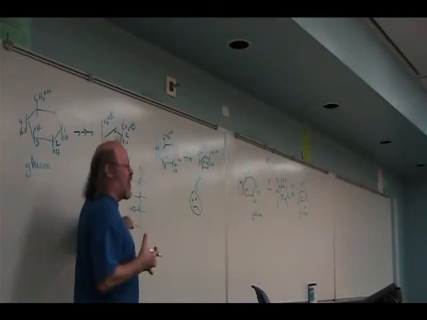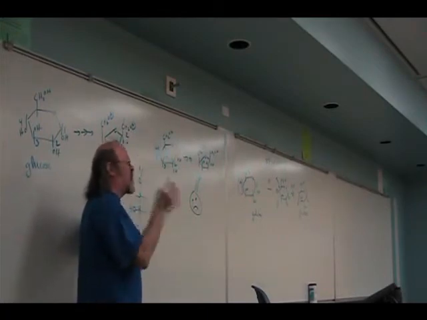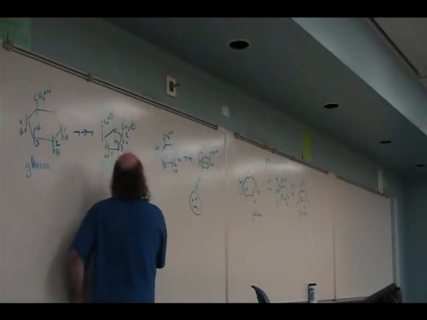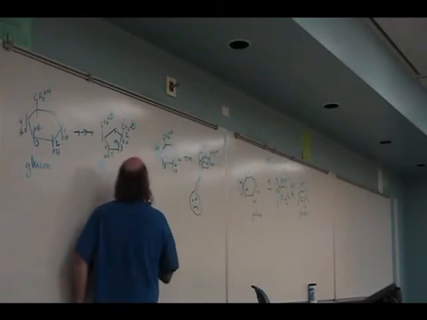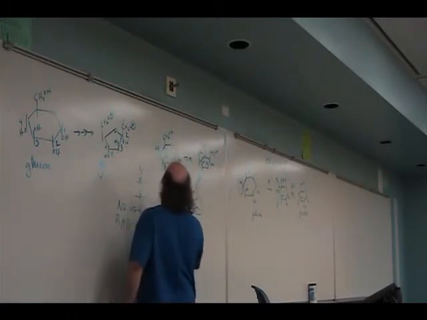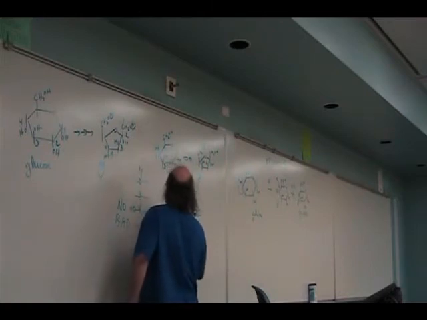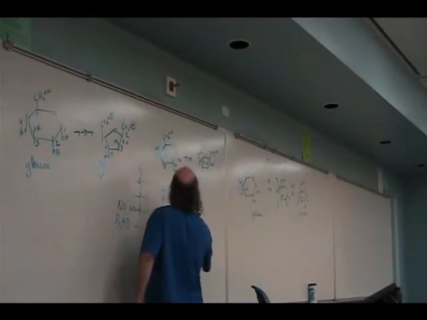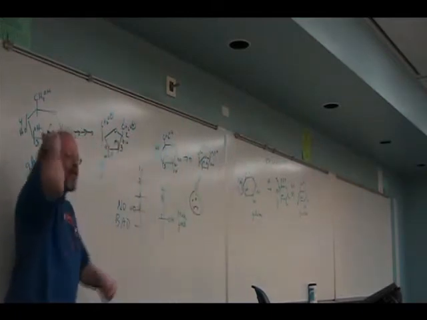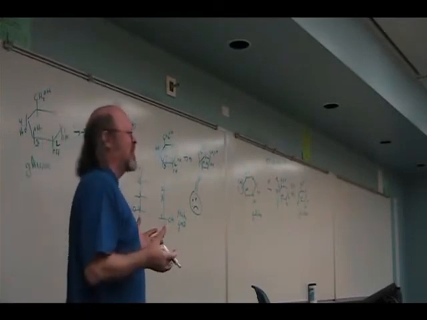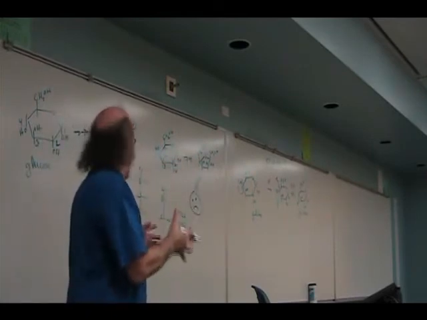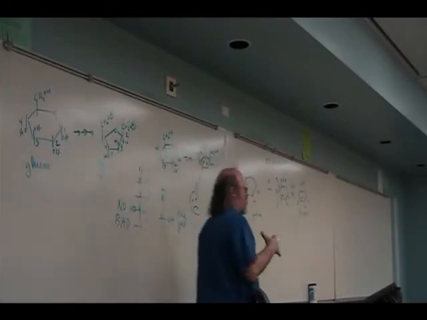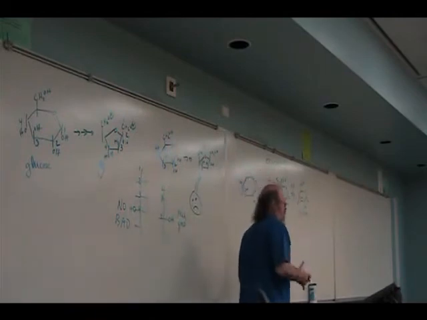Any sugar that's got an OH group here, whether it's a ketose or an aldose, will not work. That OH group has to be on the right. The way we fix that problem in your cells is we use an epimerase to flip this from this side to that side. In the absence of an epimerase, it wouldn't happen.